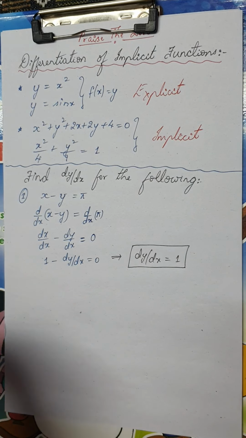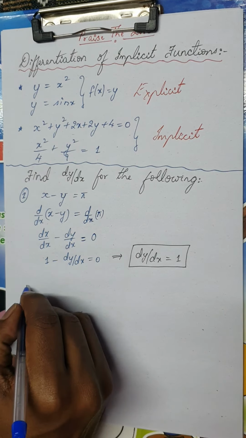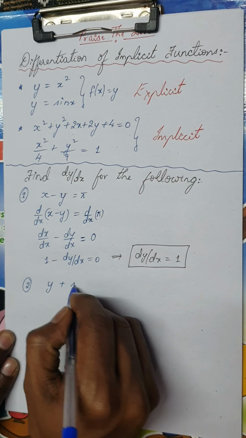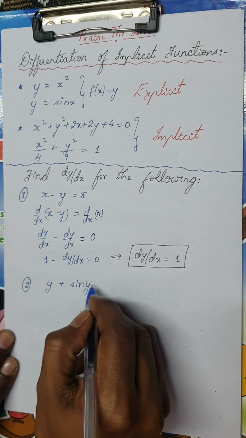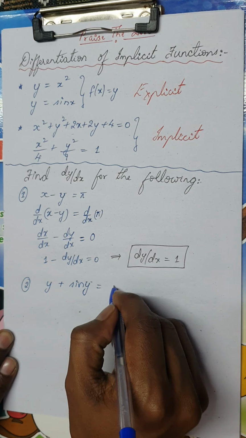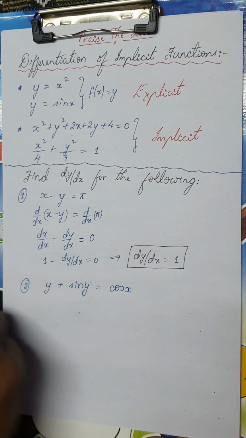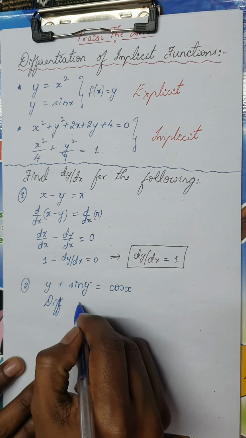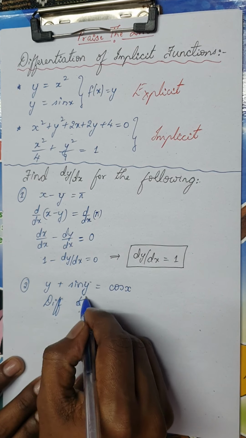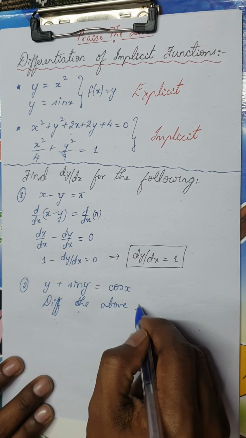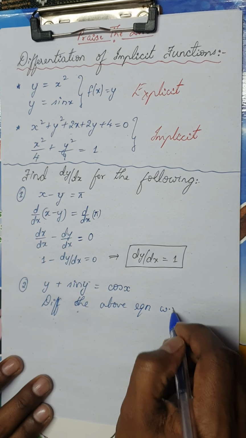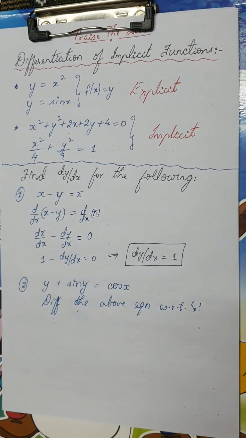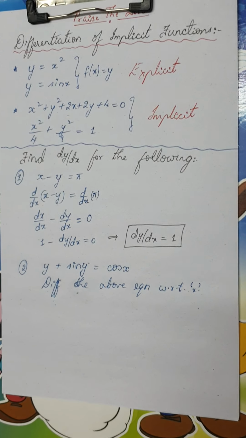Okay, going on to the next question. So let me take y plus sin y is equal to cos x. Remember, in these questions we differentiate the above equation with respect to x. The implicit function is differentiated with respect to x.